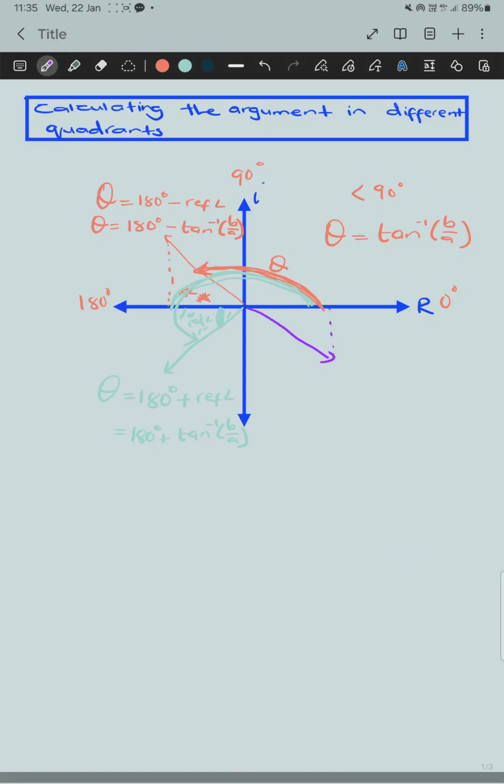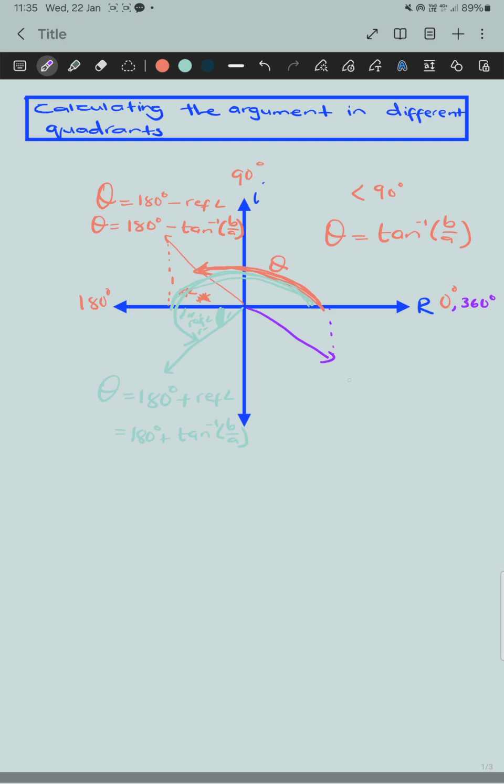We know how it works. So the angle now is in quadrant number 4, meaning it's between 270 and 360. The angle must be between 270 and 360.